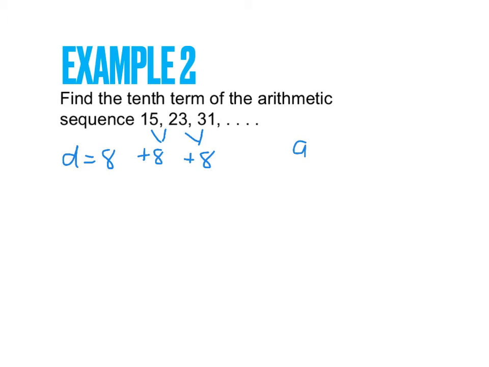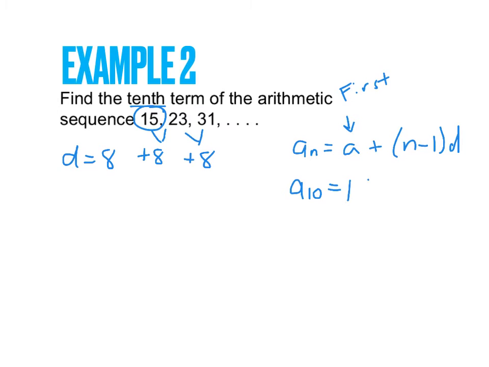Our formula is A of n is equal to A plus n minus 1 times D. We're looking for our 10th term, so our A of 10. This one, remember, is our first term. So our first term here is 15. So we're going to plug 15 in for A. Our n is the number of the term that we're looking for, which is 10, minus 1 times D, which we said was 8.